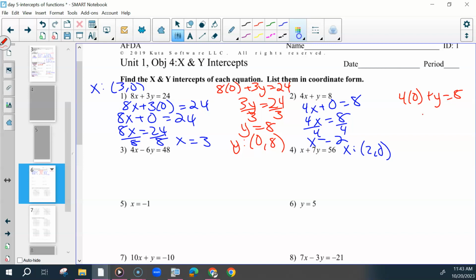You just have y equals 8. You don't have to add anything else. We don't have to solve anything else. That is our y-intercept: (0, 8). Questions on that?